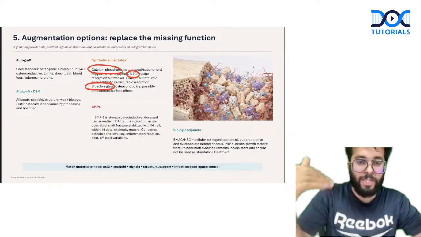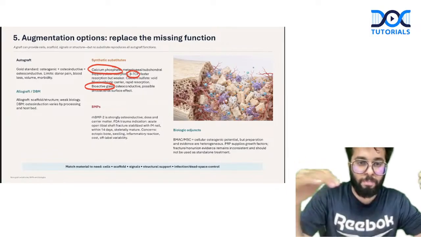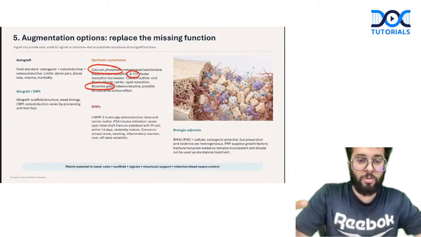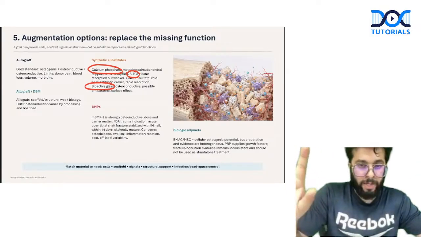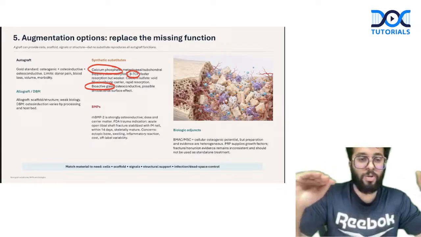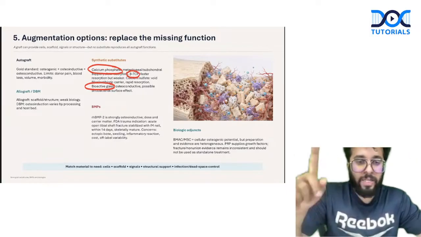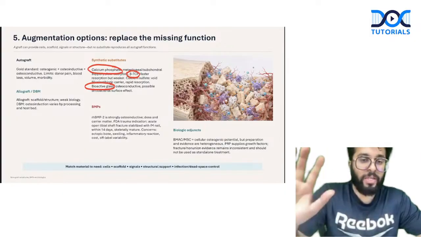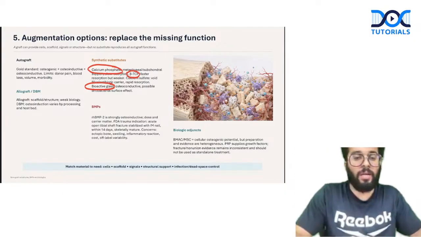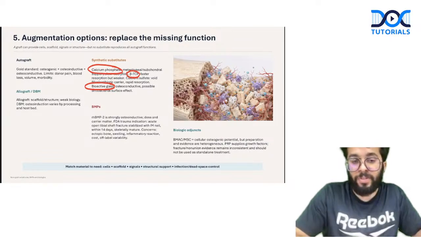It provides a scaffold and substantiates the autogenic potential. Then comes beta TCP. Resorption is a drawback, but it provides a good osteoconductive surface. Bioactive glass is osteoconductive as well as having an antibacterial surface effect.